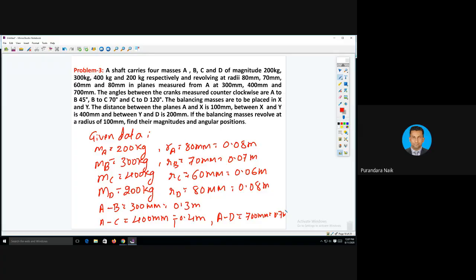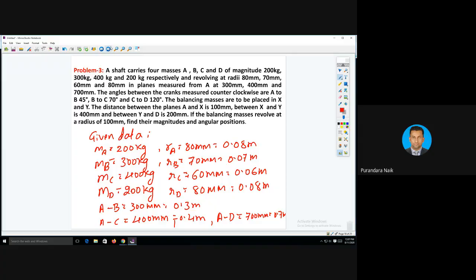Masses are given, radii are given, and we have the distances between the planes also. The next given data is the angle between the corresponding masses. Here the angles are measured in the counterclockwise direction. In all the previous problems, we have done the same thing. We have measured the angle in the counterclockwise direction, as given in the problem.